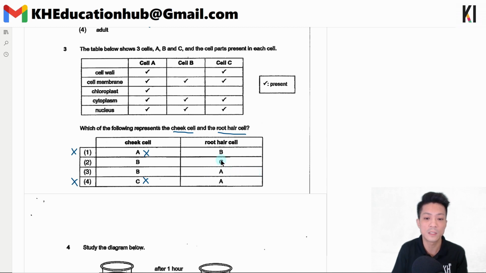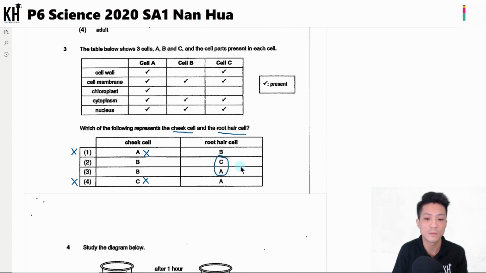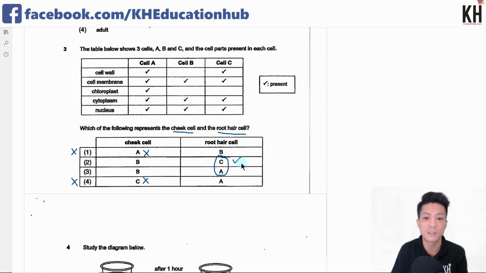So the decider will be between these two. Root hair cell will have a cell wall. Yep. Cell membrane, yes. Chloroplast, no. Okay, so probably it is C, and the answer should be number 2.